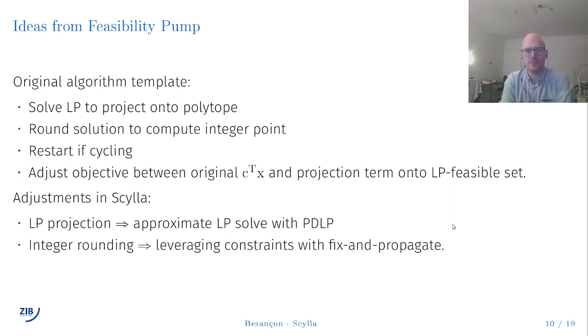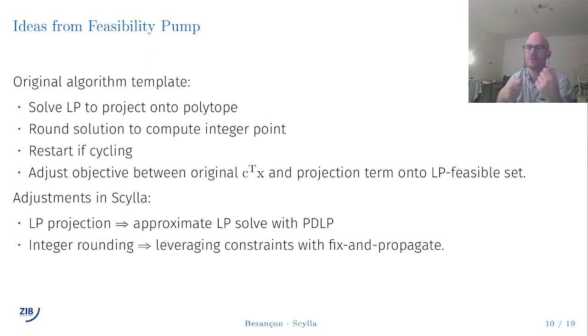Right. So if you paid attention, the ideas taken here are fairly close to the so-called feasibility pump, which is another primal heuristic for mixed integer optimization, which alternates between solving an LP to project onto the polytope of linear constraints and rounding the solution to compute integer points that are not necessarily LP feasible.